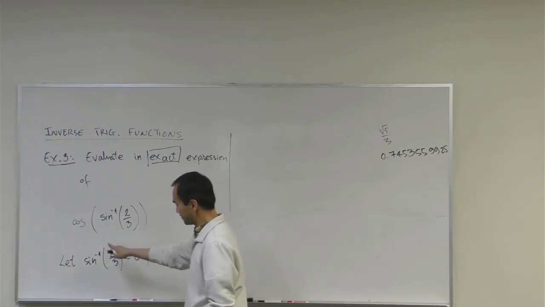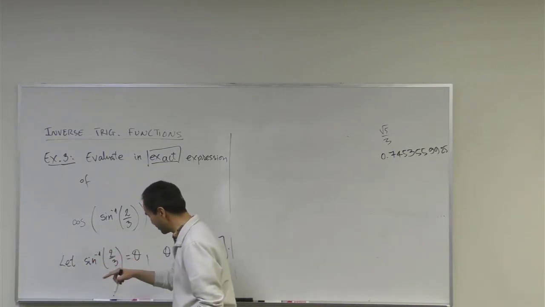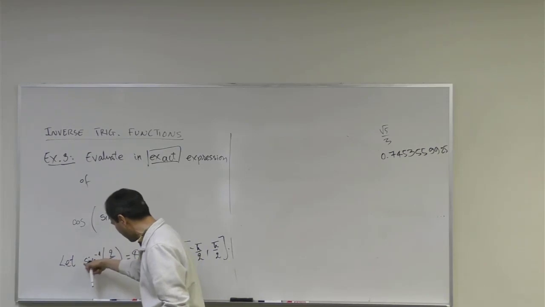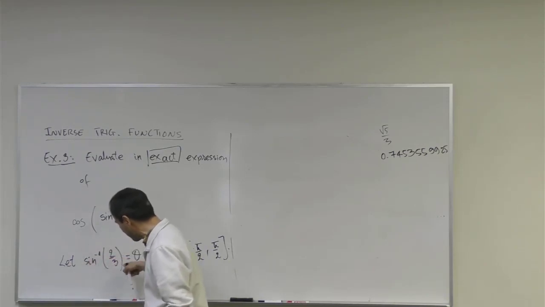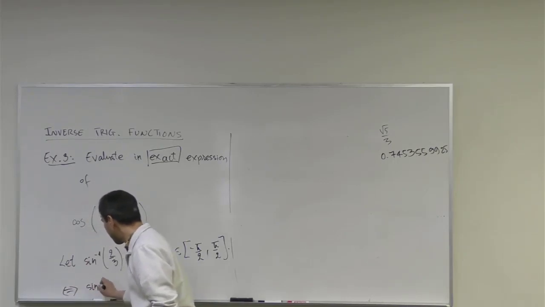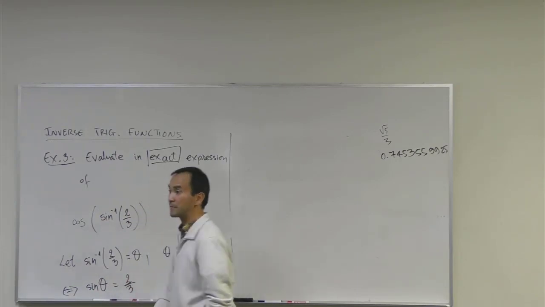So, remember the definition I wrote on the board in the earlier lecture: sine inverse of whatever number equals an angle means the same thing. So logically, this statement here, sine inverse of 2/3 equals theta, means the same that sine of theta equals 2/3. You agree with me on that?